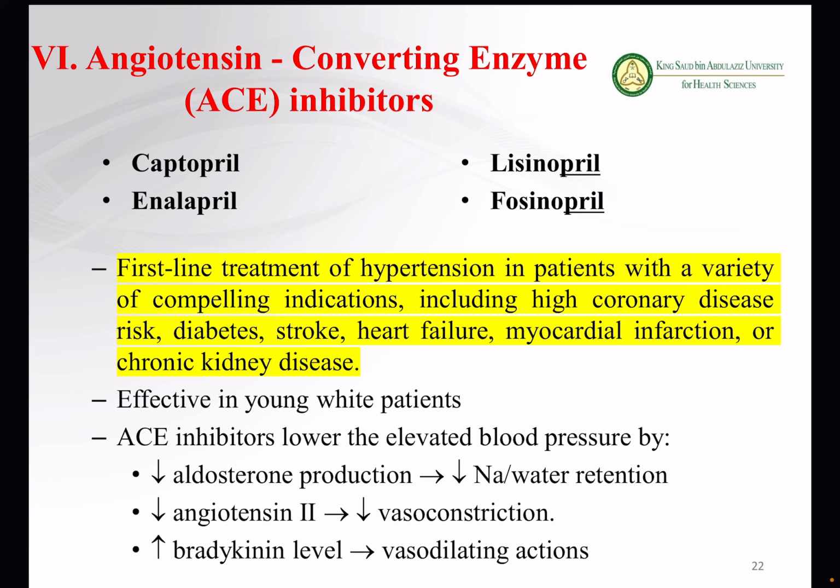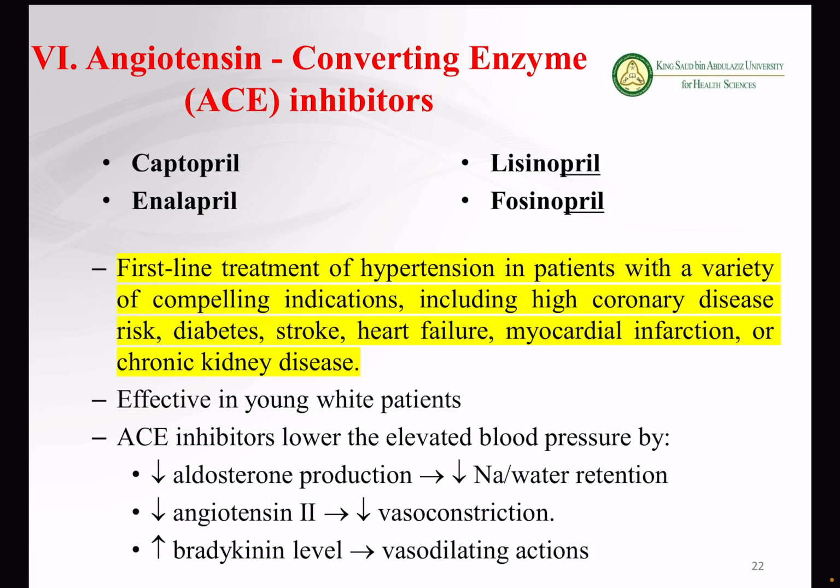So you will see proteins leak in the urine, and continuous proteinuria further damages the kidney. Okay? So we prefer this kind of drug, because it will not only control the hypertension, but will also control the proteinuria, especially in patients with diabetes or chronic kidney disease.